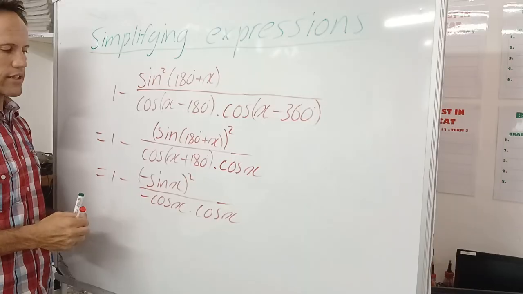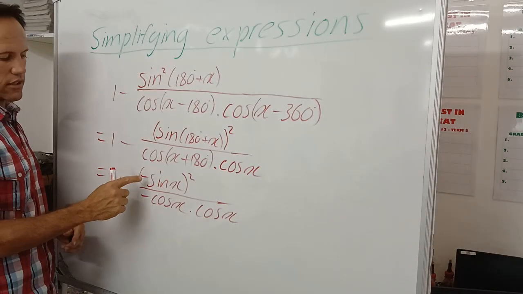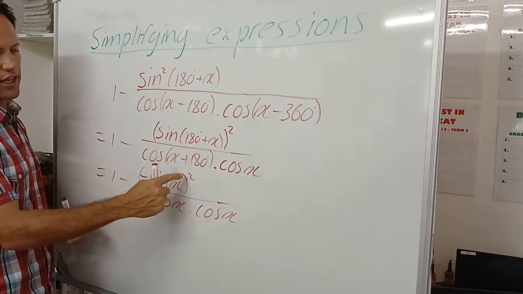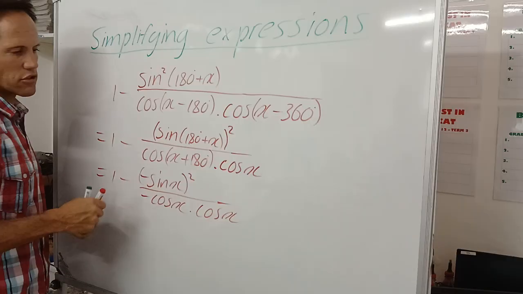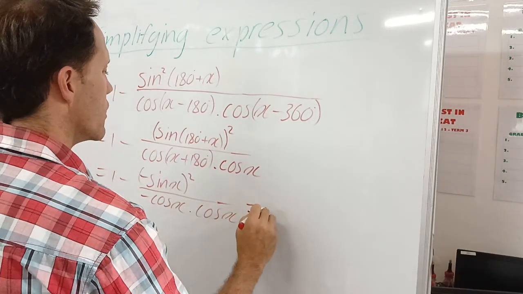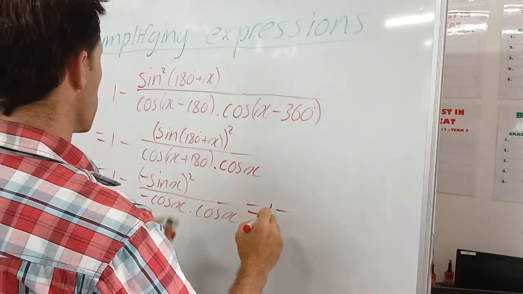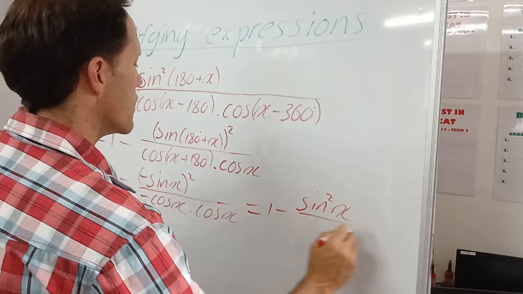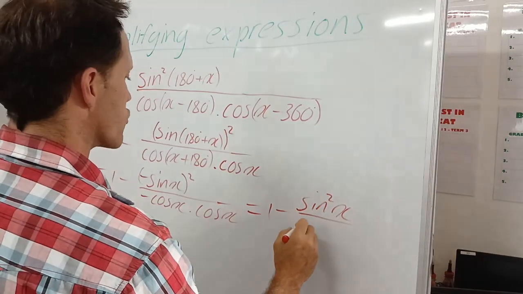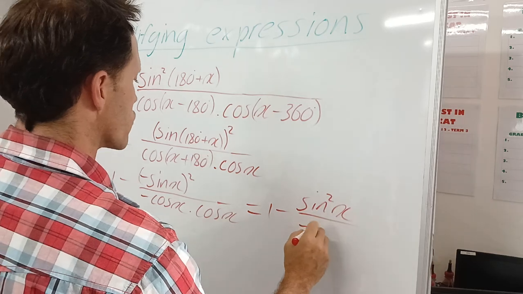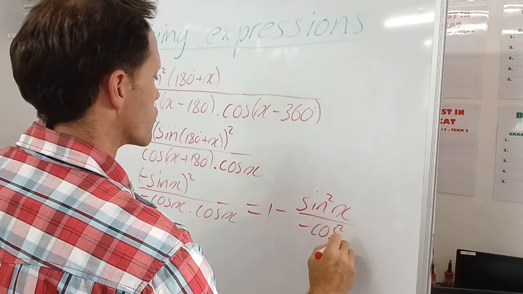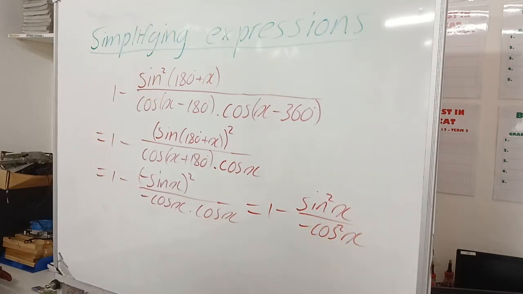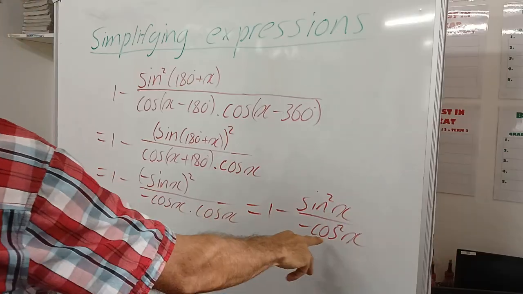And now we can say negative sine x squared becomes sine square x. I'll also do it here next to it. 1 minus, and then this becomes sine square x. And then this becomes cos square x. Okay, negative cos square x. So the cos x times cos x is cos square x.